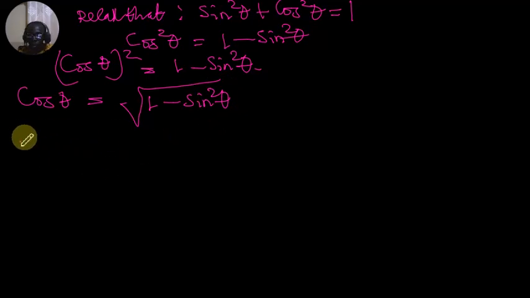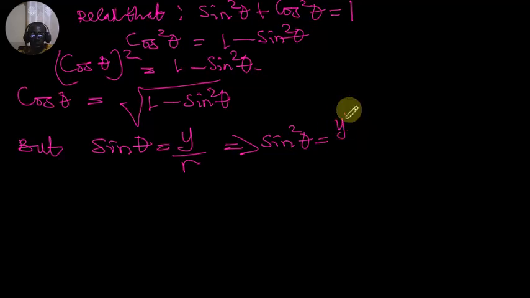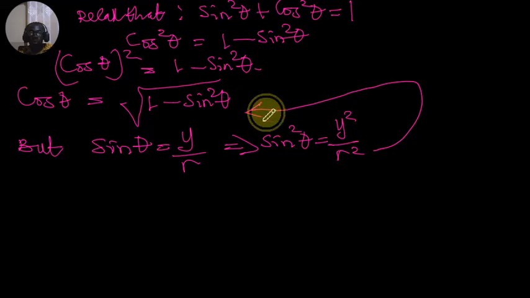Good. Now you will say, but we just concluded that sine theta itself is y over what? R. So if we need sine square theta, we square it. That means sine square theta becomes y squared over r squared. Put this back into this equation.